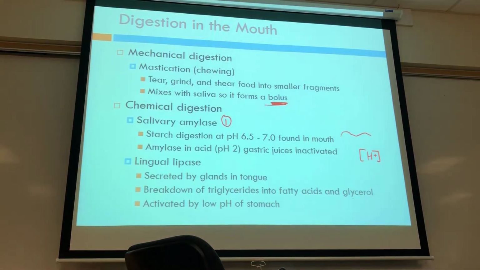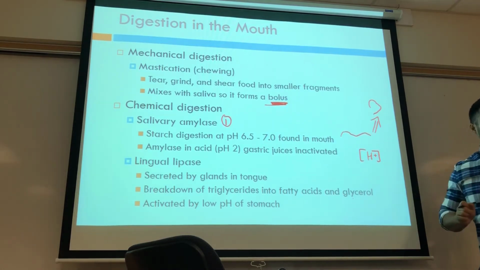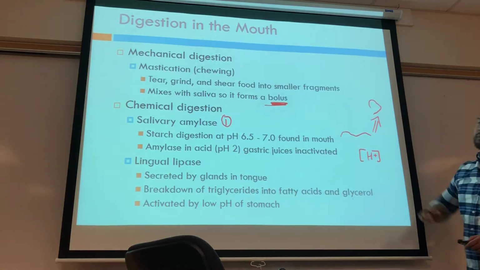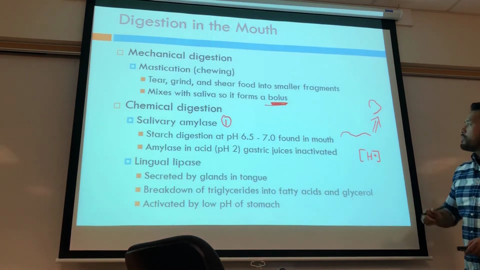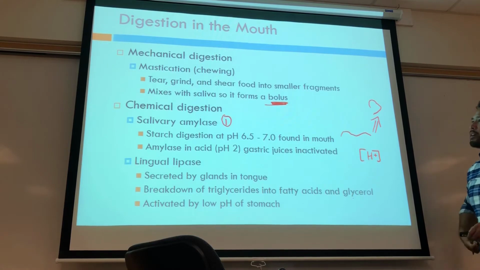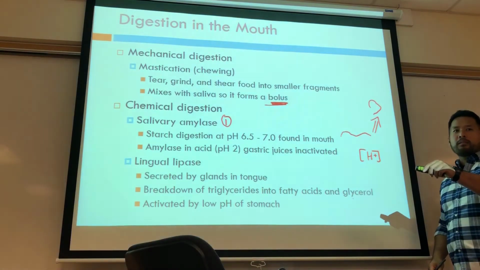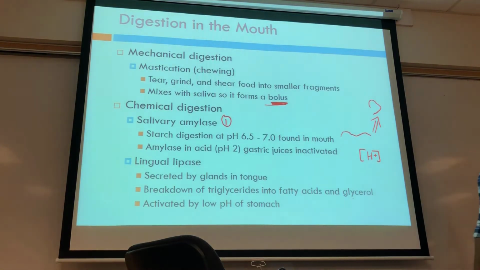So now all of a sudden our enzyme looks like, I don't know, something like a circle, which interferes with the active site in which starch binds to amylase. So that denaturing of the enzyme due to the acidic environment takes place in the stomach. So it's active in the mouth and inactivated in the stomach.